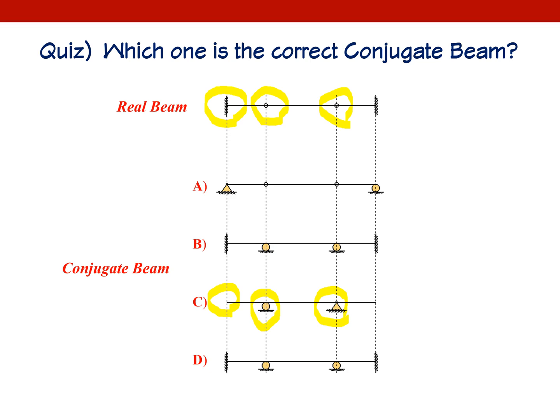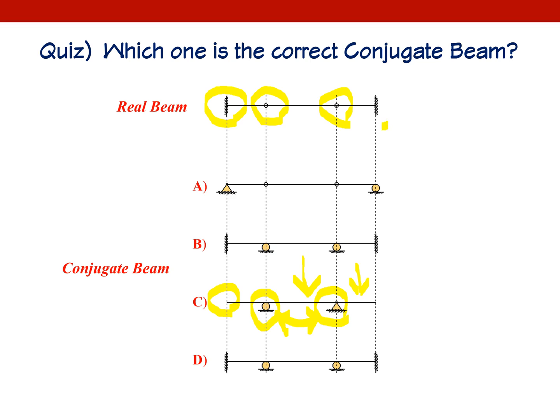It could be an internal roller support or an internal pin support. But I recommend you use a roller if possible. But in the FE exam, if pin is given, that could be the answer too. So in the FE exam, if you do not have a roller here, do not give up. Okay, it could be pin. And roller and pin will have the same effect as far as gravity load is concerned, right?